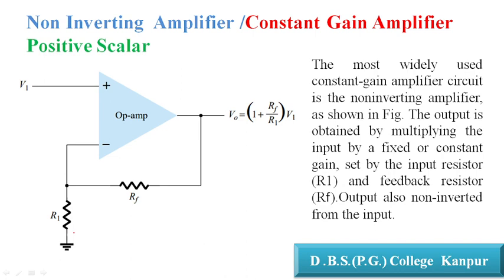In a non-inverting amplifier, the input is applied and we get the output without any inversion. But in lecture 5 we discussed the inverting amplifier. The non-inverting amplifier is a constant gain amplifier, or in other words also called a positive scalar.